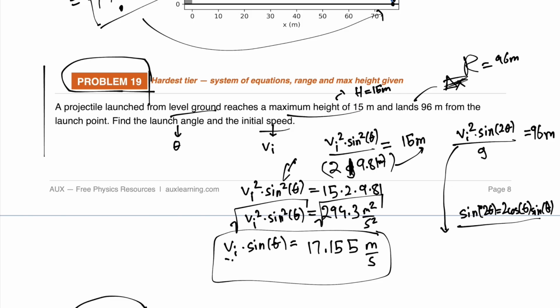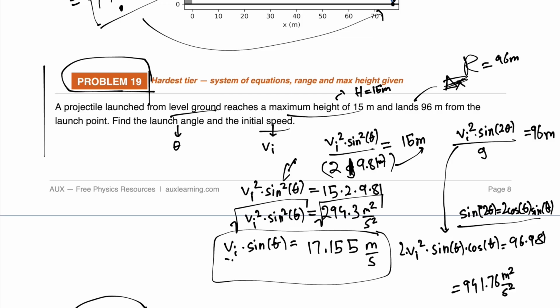So vi squared times sine of theta times 2 times cosine theta is equal to 96 times 9.81. What I do is just multiply the g on both sides. So 96 times 9.81, sorry, is 941.76 meters squared per second squared.